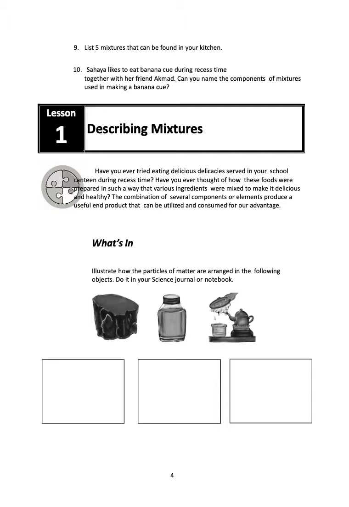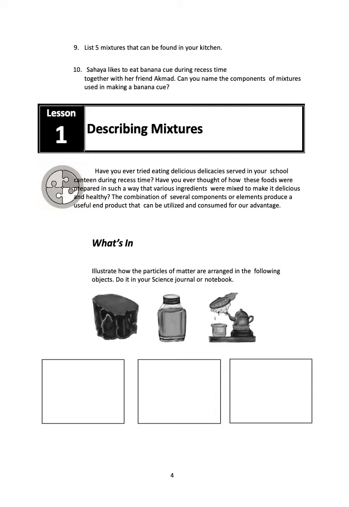Kung dito sa first square, ang i-drawing nyo solid. Dito sa second square, ang i-drawing nyo liquid. And sa third square, ang i-drawing nyo gas. Ang i-drawing nyo dyan, yung illustration ng particles ng solid, liquid, and gas.